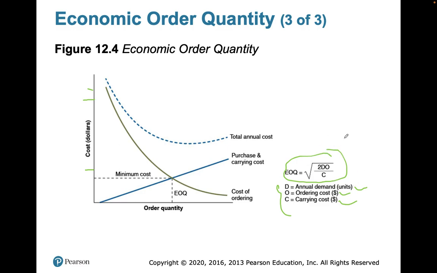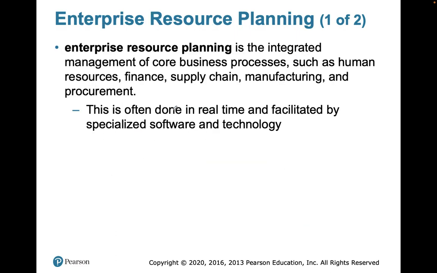Usually they give you the information and the data, and you can tell from the graph the data you're supposed to use. You key in your data, divide, take the square root, and whatever you get is your EOQ. This graph is just to demonstrate, as there is no data available for you to carry out the calculation. So let's look at enterprise resource planning.